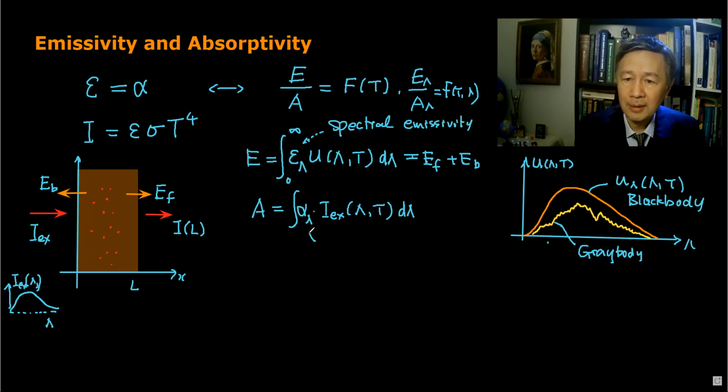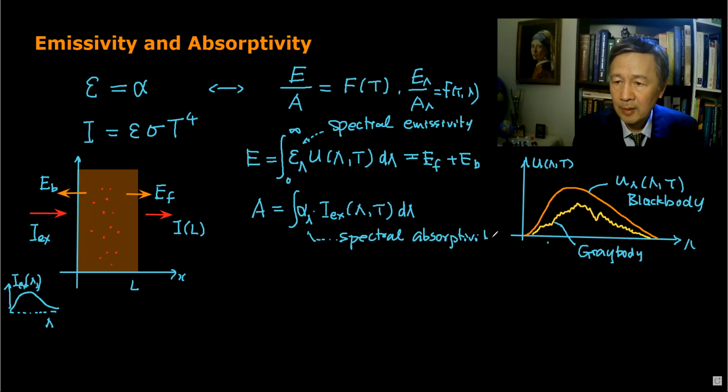In the same way, it's called the spectral absorptivity. Or sometimes you can call it absorbance, a very close idea. But the absorbance refers to the overall, not specific. Just stick with the absorptivity.